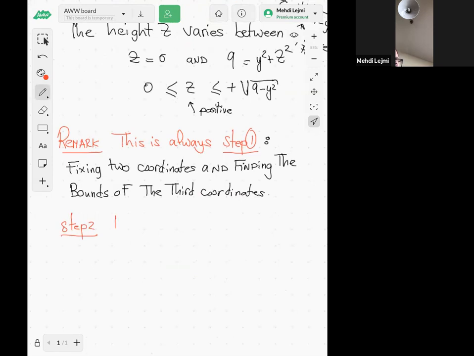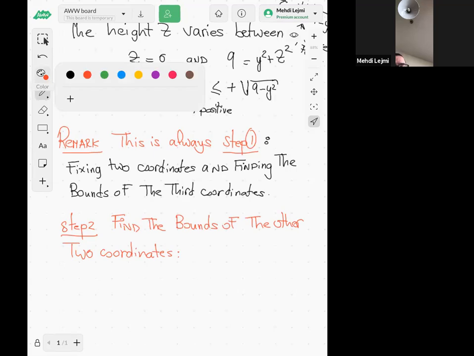So I'm going to find the bounds of the other two coordinates. In our example, that's the x and y coordinates. So how do we find the bounds for the x and y coordinates?